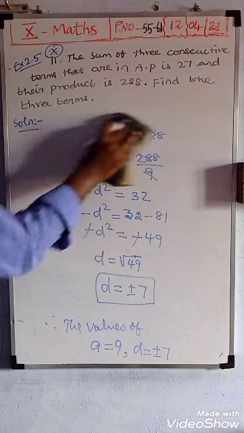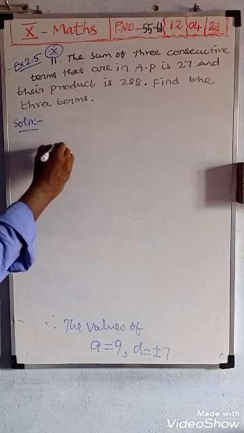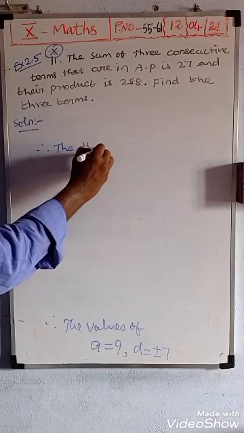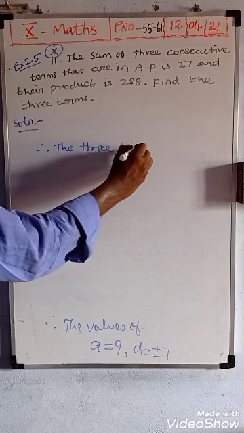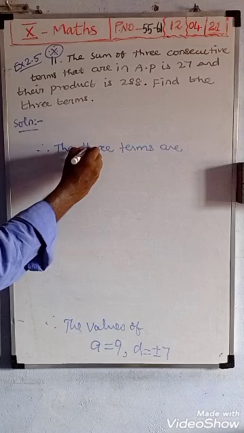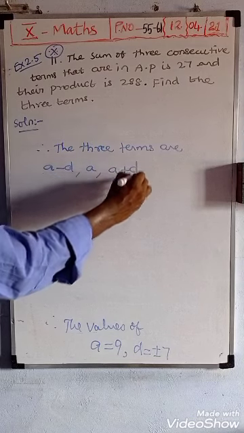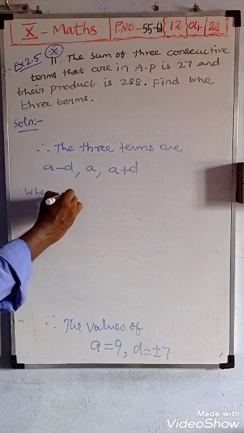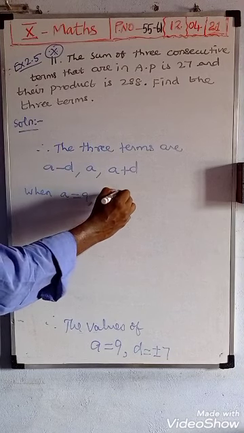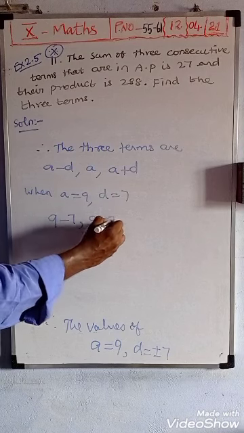Therefore, here we are asked to find the three terms. The three terms are A minus D, A, A plus D. First condition: when A is equal to 9, D is equal to plus 7, it means 9 minus 7, 9, 9 plus 7.